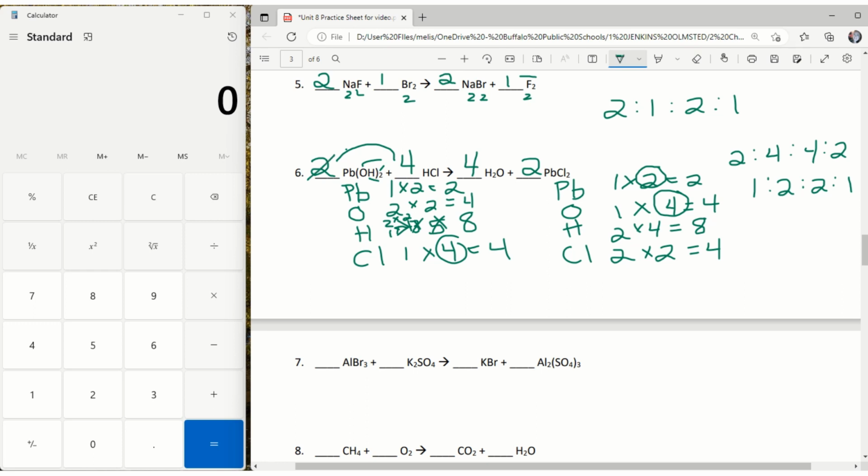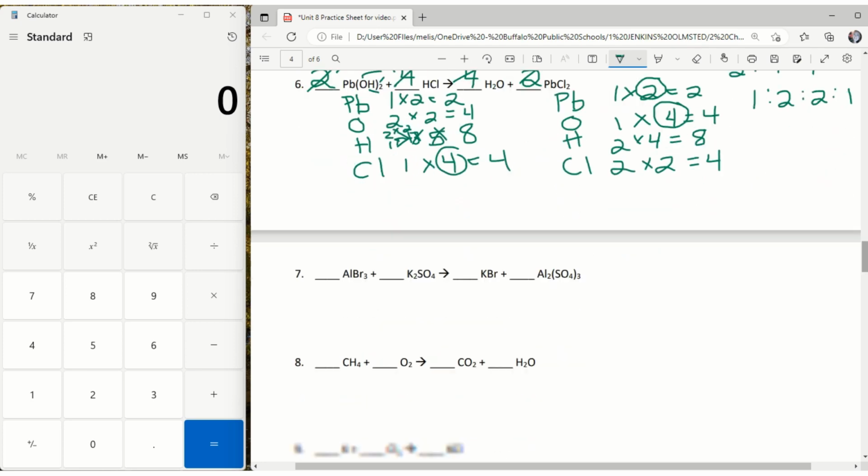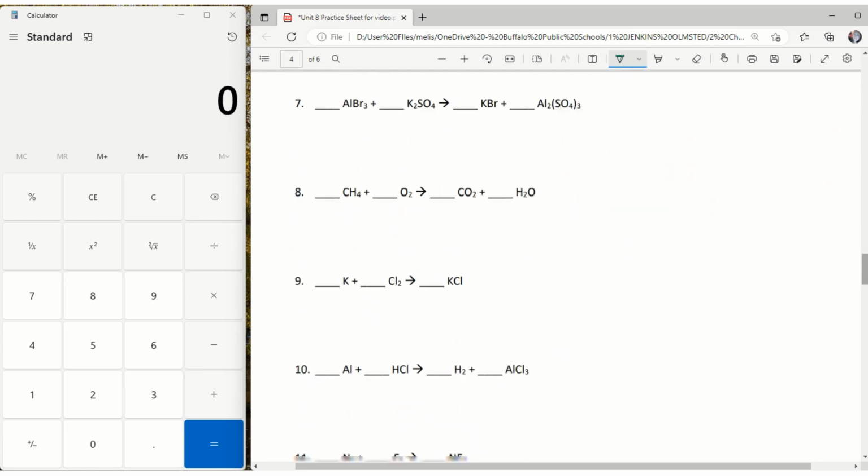So I fix these coefficients. It should be 1, 2, 2, and 1. This is sometimes what you have to do. And it's practice, it's trial and error. That's a big part of balancing. And you just have to go for it. Okay? All right, let's continue. Here we go.